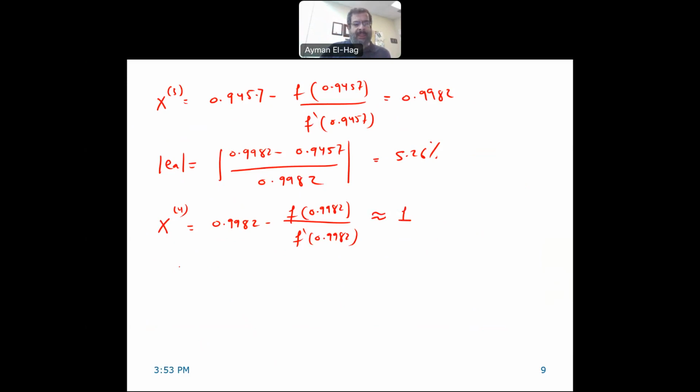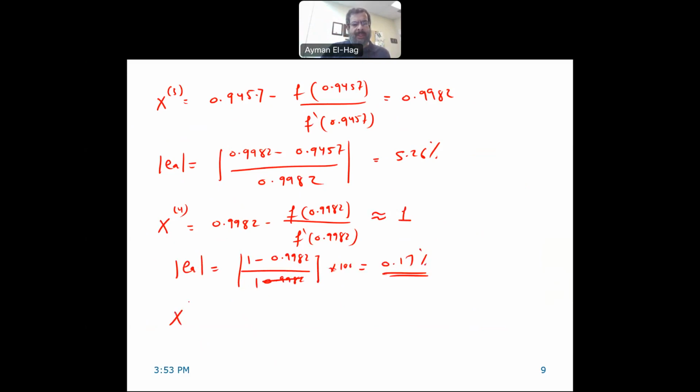And the approximate error is equal to 1 minus 0.9982, divided by 1, times 100. And this gives me 0.17%, still higher than the 0.1%.